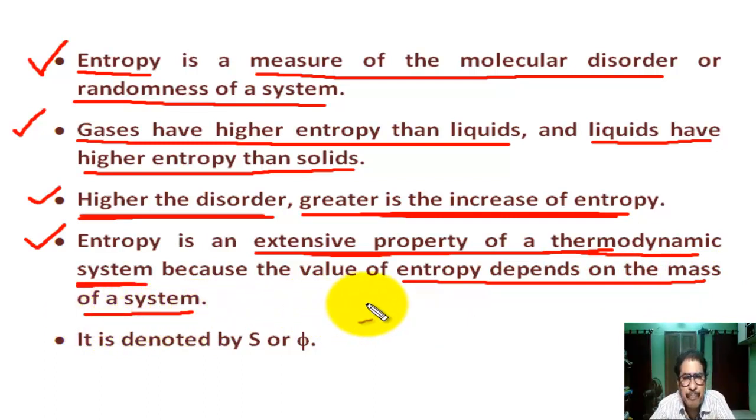When a system does not depend on mass, then it is called an intensive property. Okay. Entropy is denoted by S or phi. Okay.